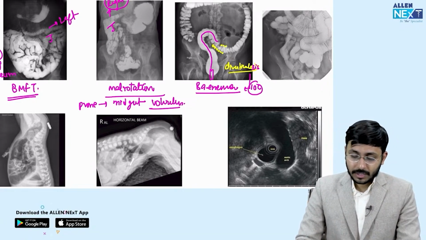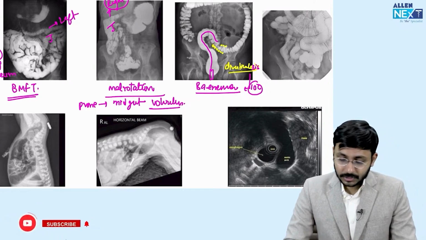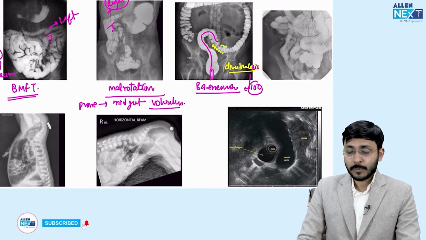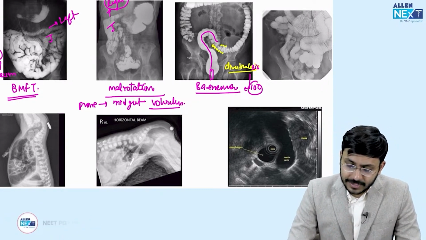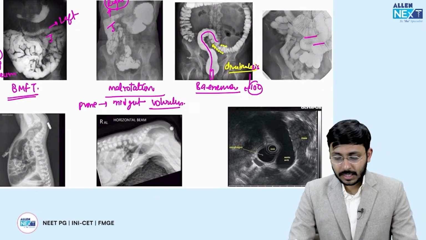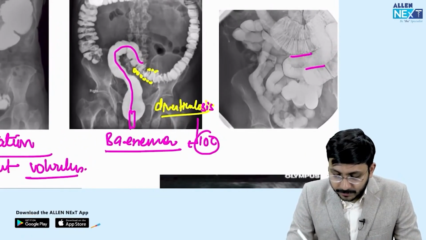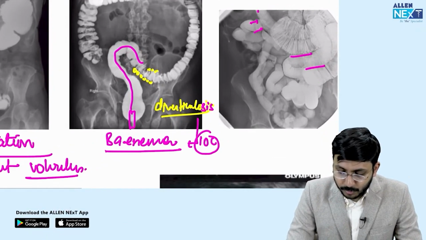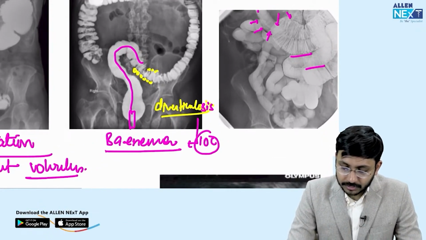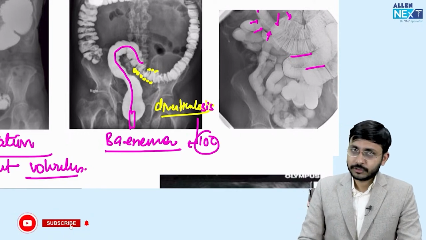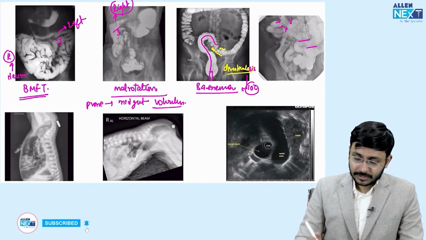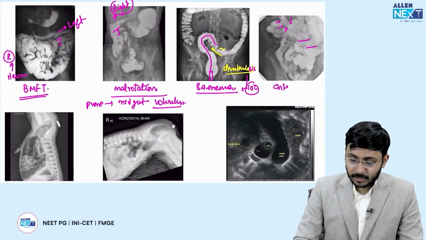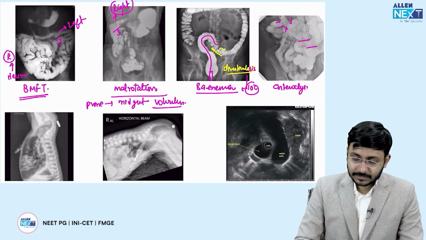Okay. Now, which is this fourth image? We see that the small bowel is getting opacified with barium, and we very well see the wall of the small bowel. If you look closely, you will also see a small tube within the small intestine. So this is nothing but barium enteroclysis.